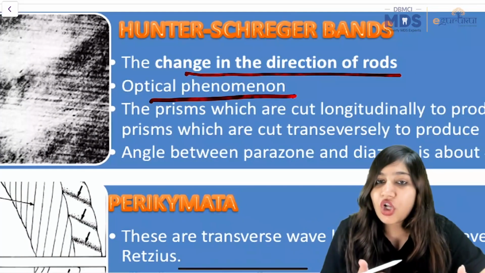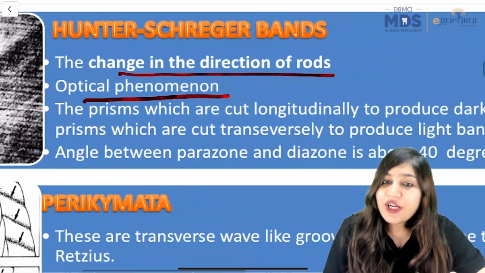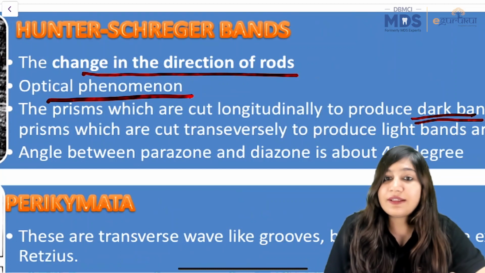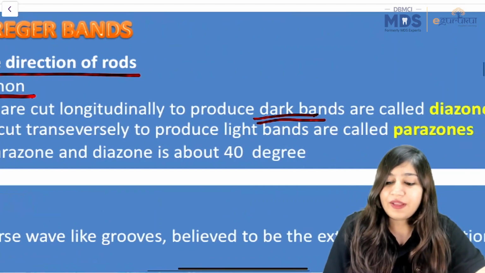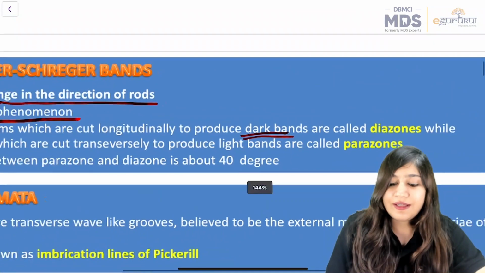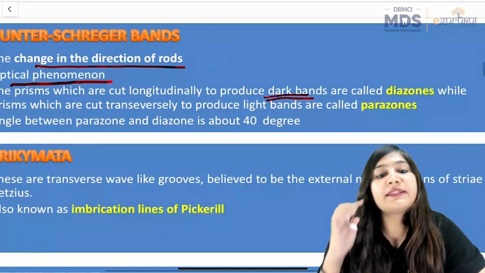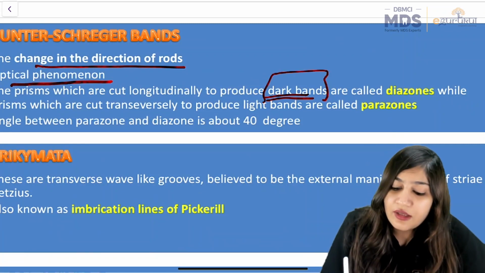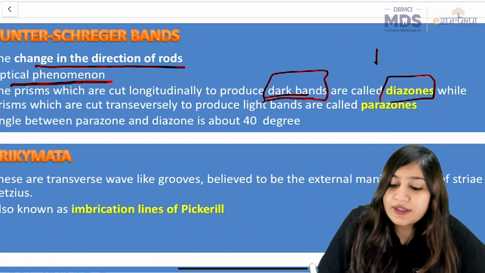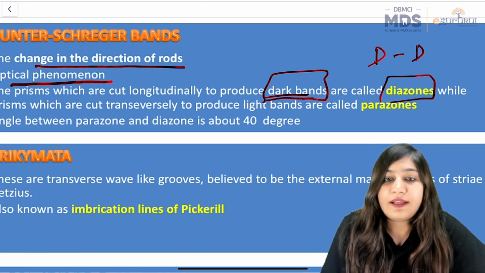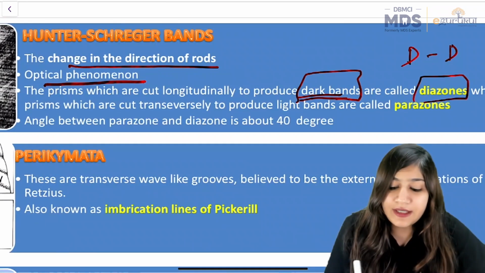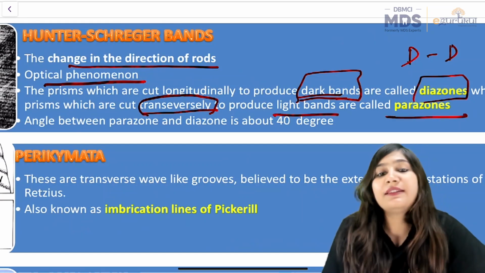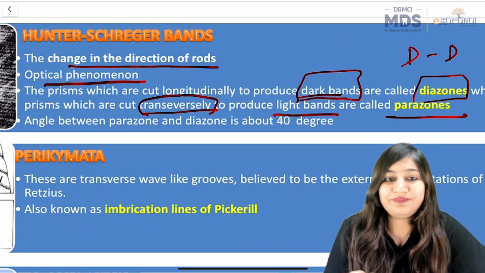Prisms, when they are cut longitudinally, they produce what? They produce dark bands, known as diazones. And when the prisms are cut transversely, they produce light bands known as parazones.